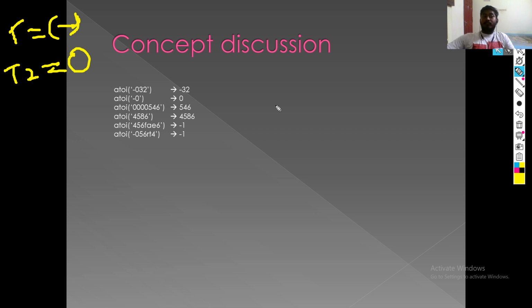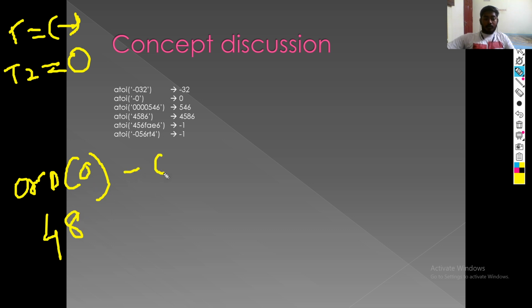We can use some other functions to get the answer. For that I am using ord. The ord function gives the ASCII value of any alphabetical or numerical character. The ASCII value of 0 is 48, and the ASCII value of 3 is 51.